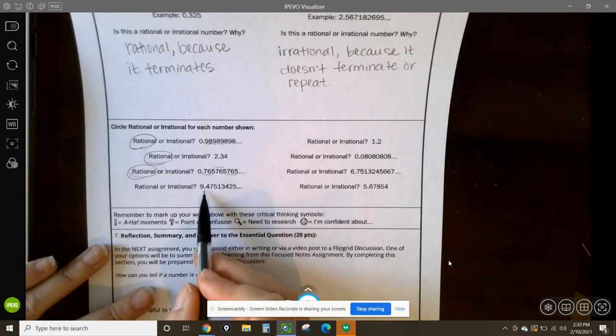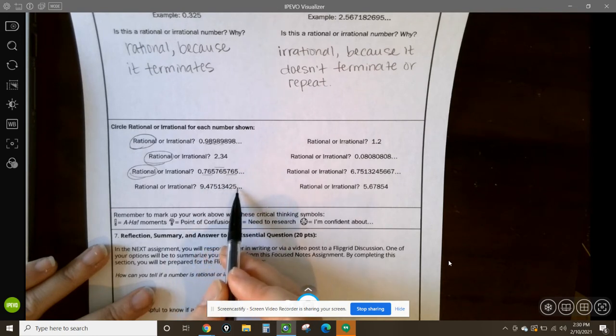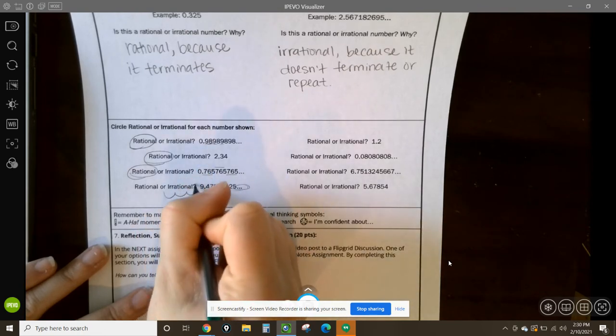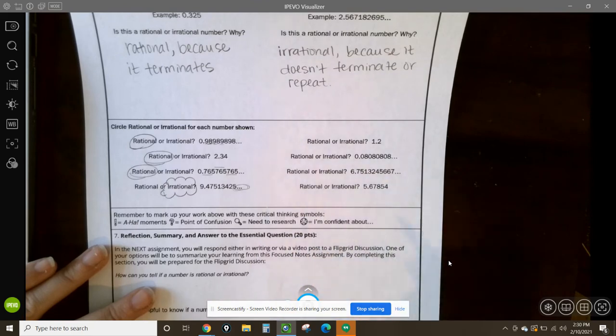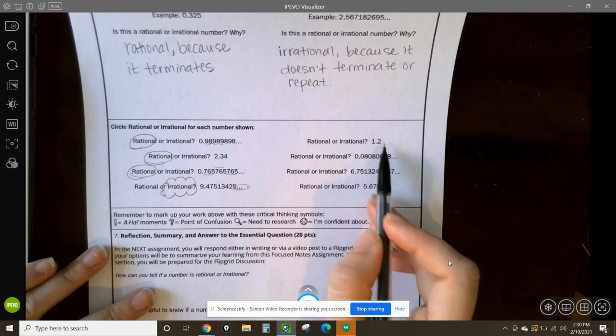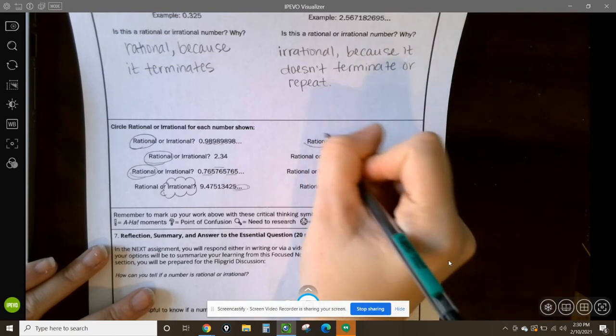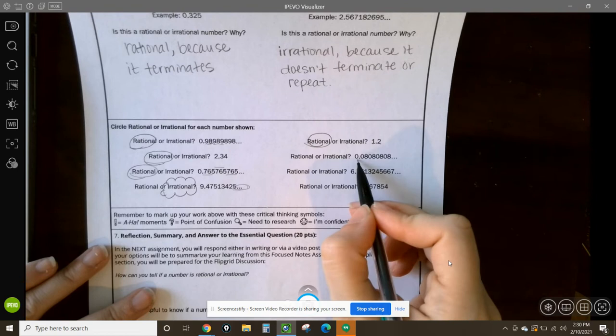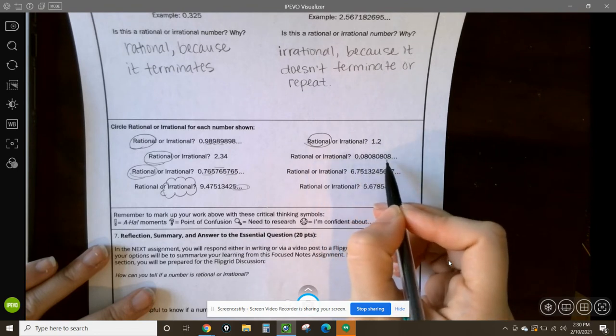9.47513425 ... I don't see any pattern in here, so it doesn't repeat. I know it doesn't terminate because I see this ... So this one must be irrational. It doesn't terminate and it doesn't repeat. Over here, 1.2. So it terminates. It ended right after that too, so that's going to be rational. 0.08080808.